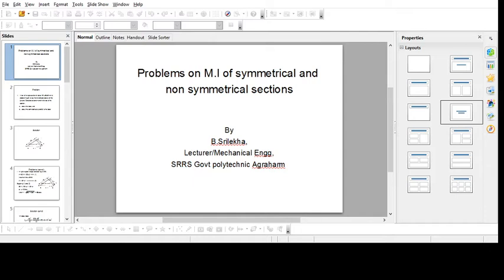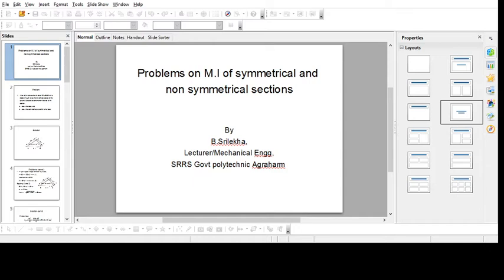Now how can we find the moment of inertia about the centroidal axis? Here also we have a solid formula, that is I_xx is equal to BH cube by 36. The base is 100 and the height is 48, so 100 into 48 cube by 36 is equal to 30.72 into 10 to the power of 4 mm to the power of 4.